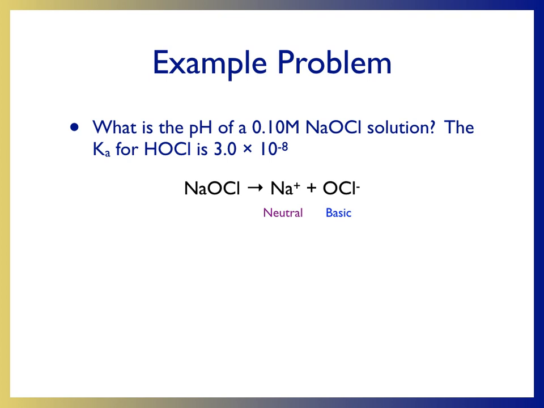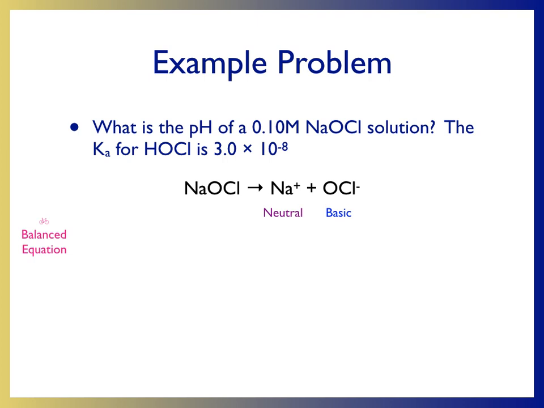We remember that when we do an equilibrium calculation, we can use our BICE algorithm to set up our calculation. The B in BICE stands for a balanced equation. We'll need a balanced equation for our equilibrium. The balanced equation in this case will be the hydrolysis of the hypochlorite ion.